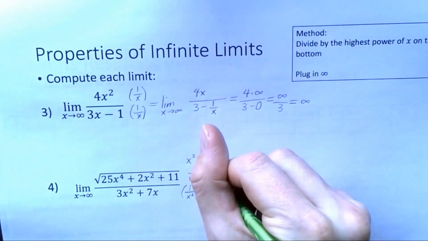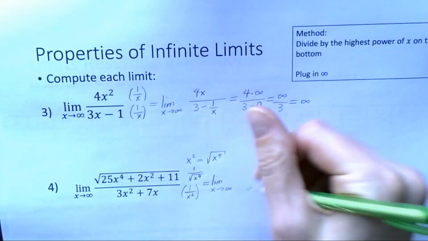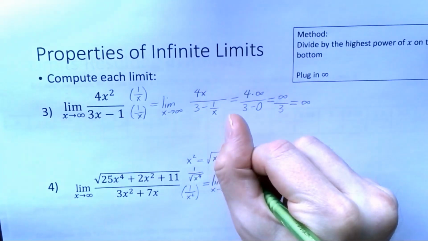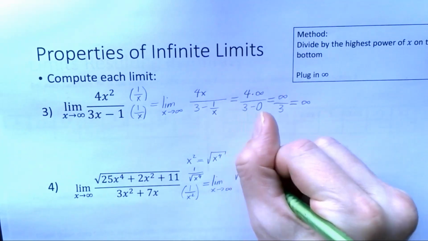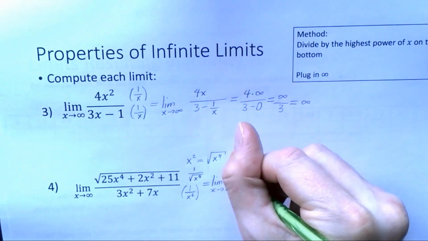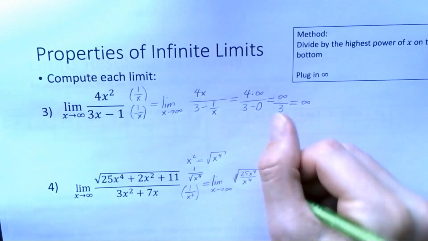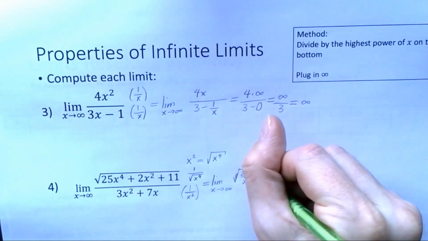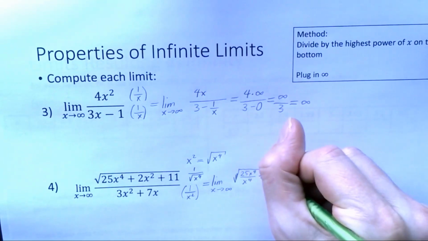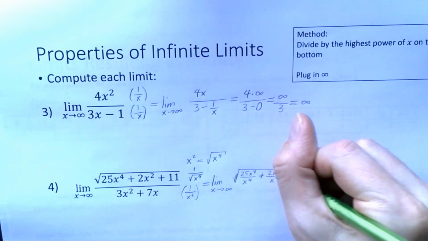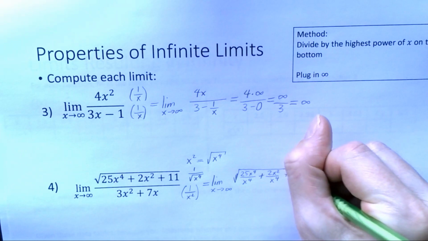So doing so, we have the limit as x approaches infinity of the square root of 25x to the 4th divided by x to the 4th, plus 2x squared divided by x to the 4th, plus 11 divided by x to the 4th.